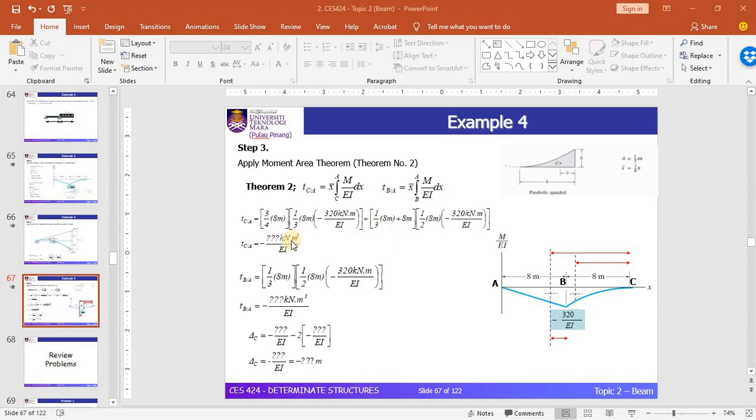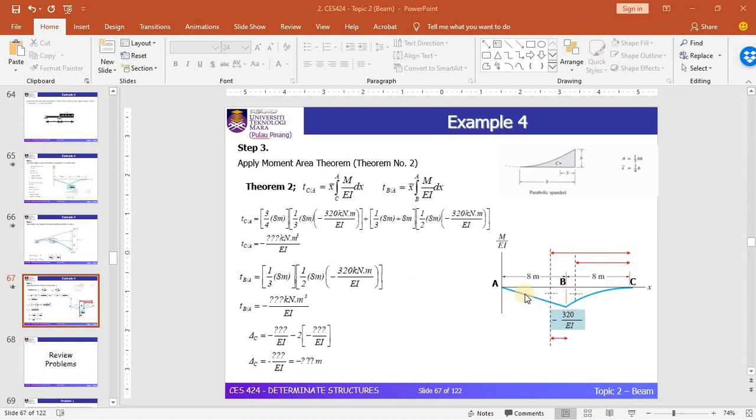This is not shown here, so you need to figure it out by yourself. For tBA, the limit is B to A, or A to B, which is about the right angle triangle only. Carry out the same process: you need to identify the x bar.